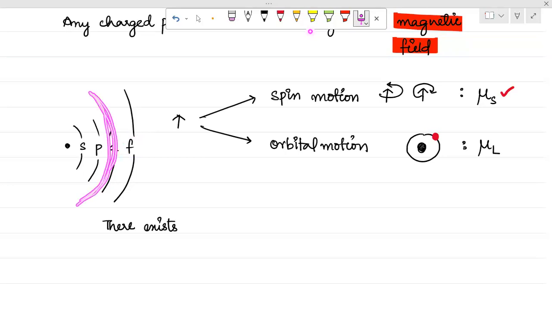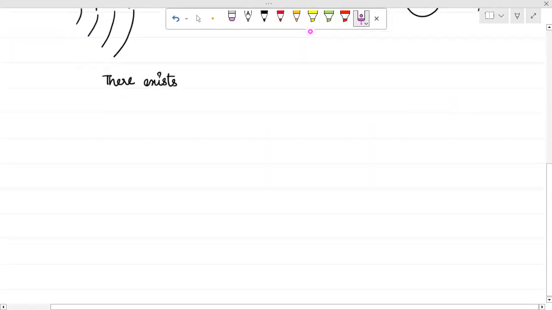And when does the orbital magnetic moment become significant? Okay.